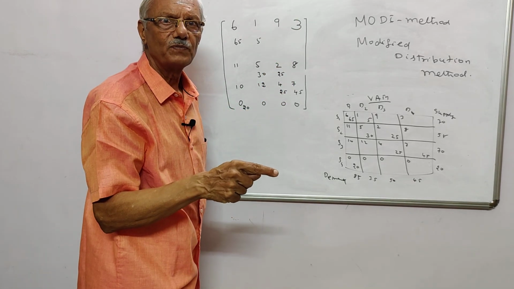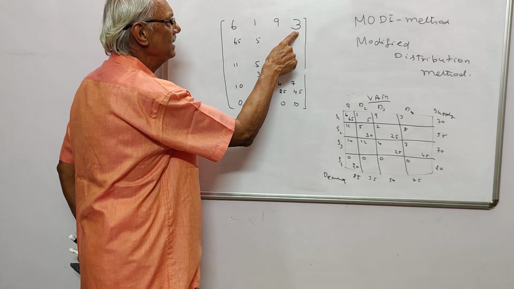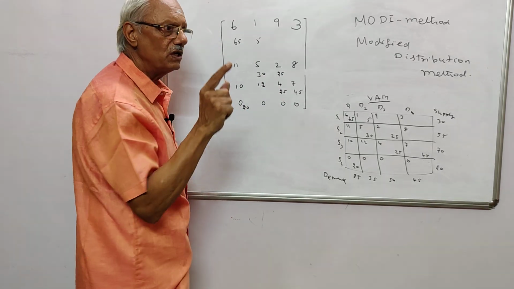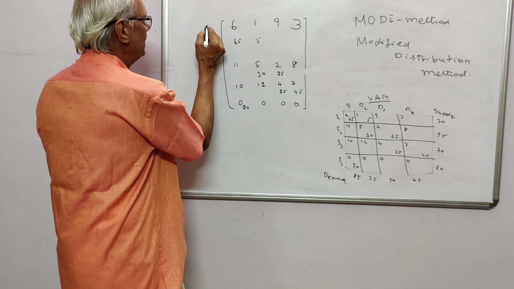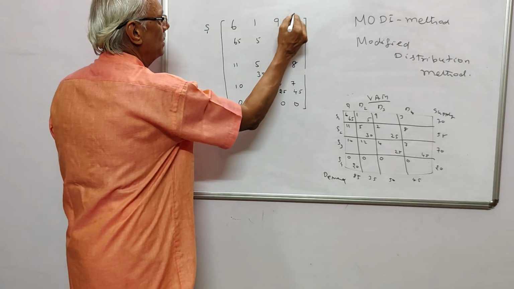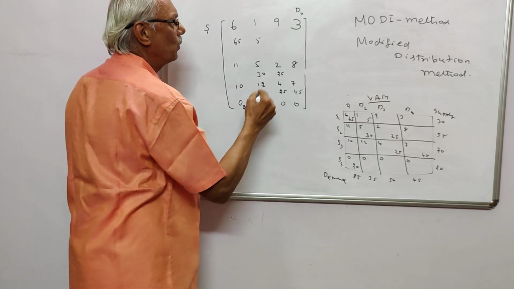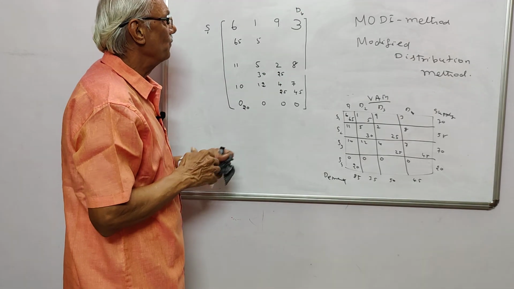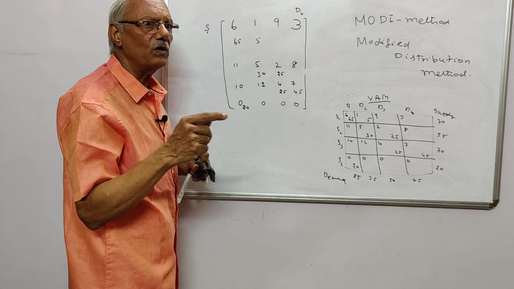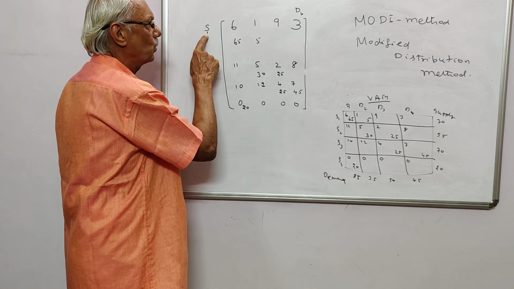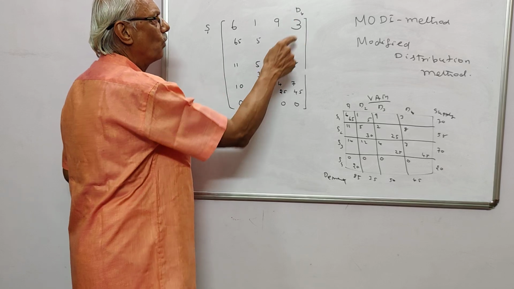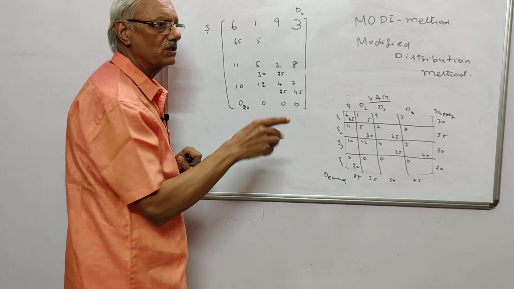Can you understand? What is this 3? 3 is nothing but the unit cost of transportation from source S1 to D4. So your mind can tell you whether it is not wise to send materials from S1 to D4, because the unit transportation cost is 3.